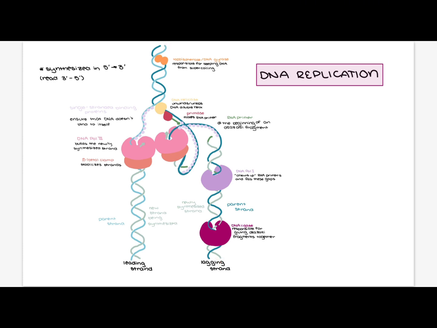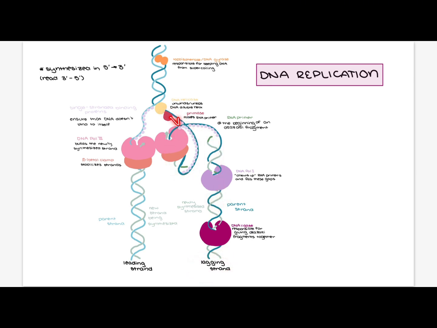But we can only synthesize in the 5' to 3' direction. So we're reading only in the 3' to 5' direction, meaning that these two strands are opposite, and so we're going to have to synthesize them in opposite directions. So leading strand is being synthesized in towards replication fork. Lagging strand is being synthesized away from the replication fork, which leads us to these differences.